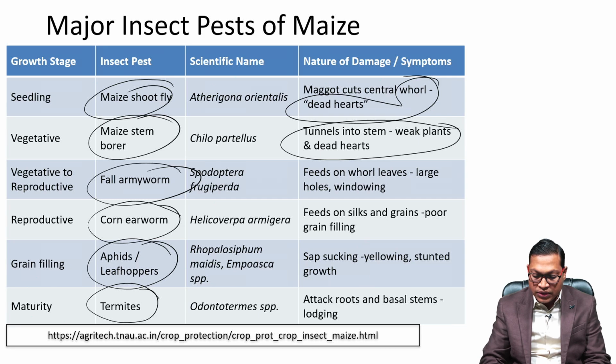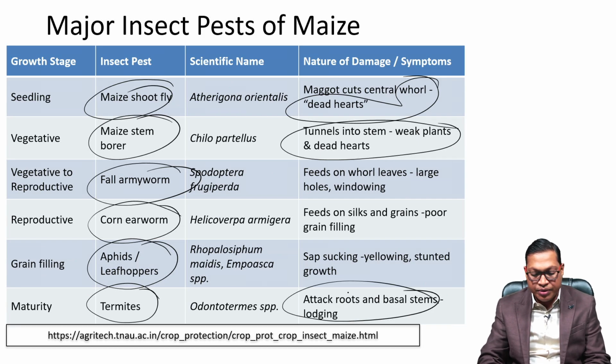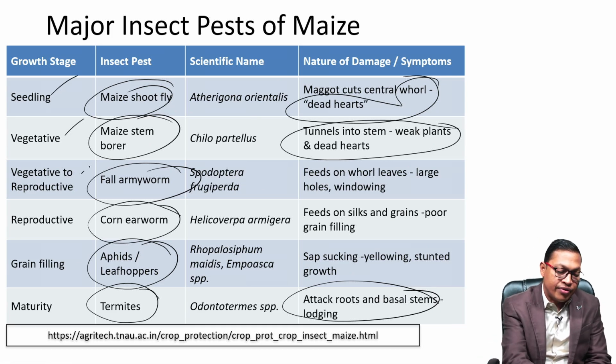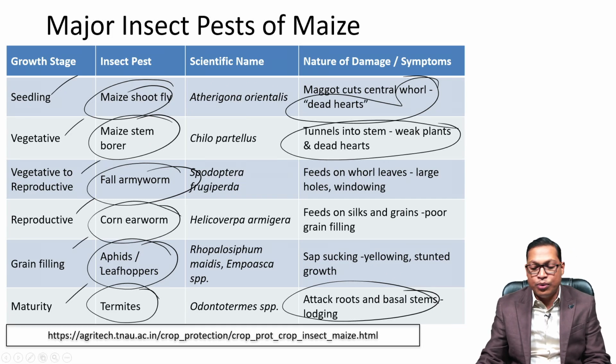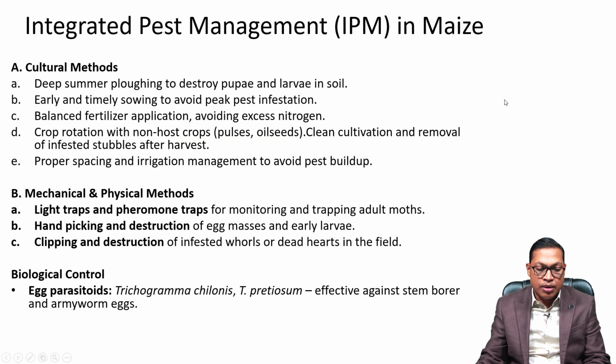Then here we can see roots and basal stem lodging in case of termites. So, these are the different growth stages with different problems, and we have to manage them by the integrated pest management approach in maize.